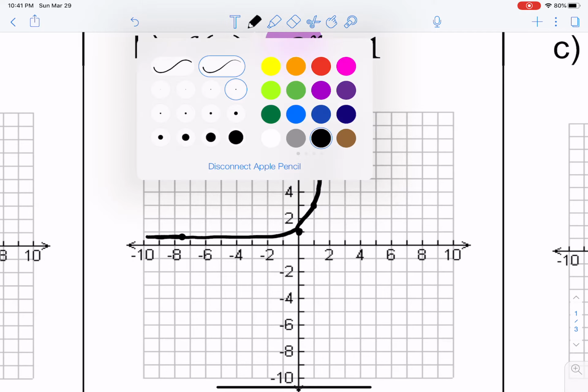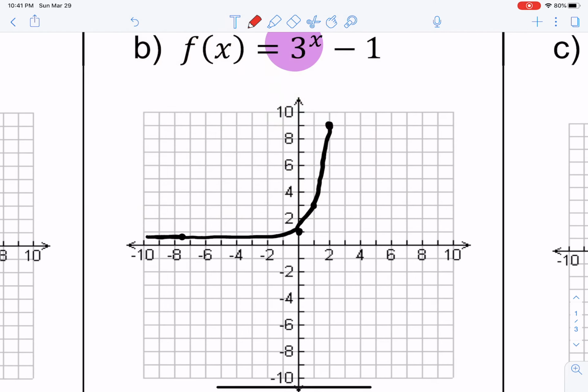The second one, which is our actual function, we are shifting down by 1 because of negative 1 there. So it would be here, there, and at A. So it's going to go up that sort.